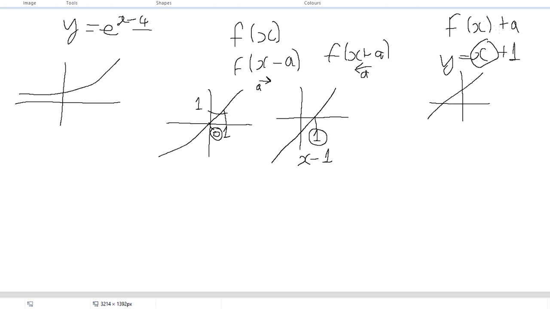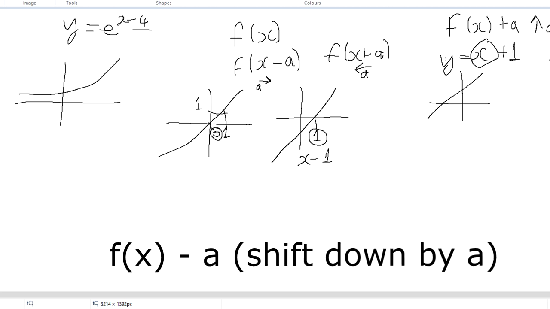So if you're shifting up by a, that's that. If you're shifting down by a, you take it away. And that's kind of just all you need to know.